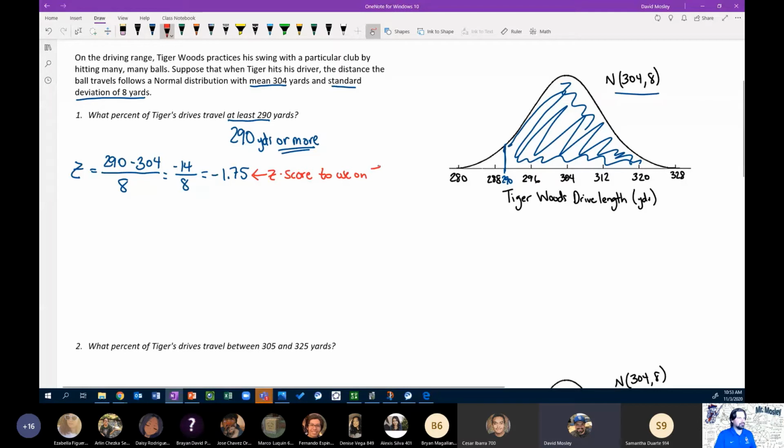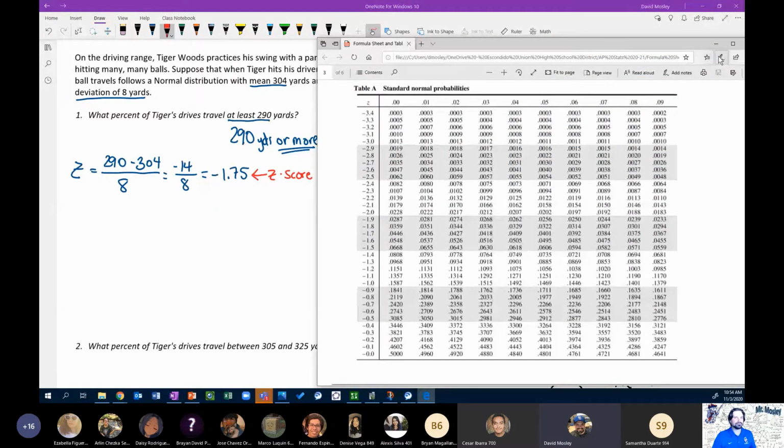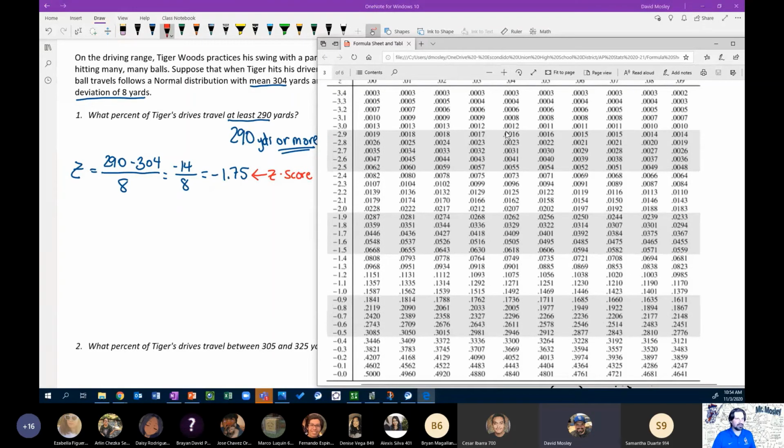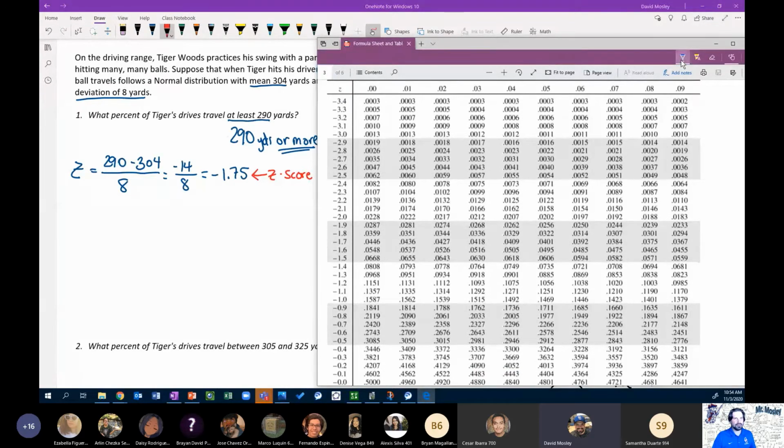So we need table A. Where did I put my table A? It is over here. There we go. All right. I'm looking for a negative z-score, so I'm in the right part of the table. I start by finding negative 1.7, the root, and then 5, the other part of the decimal, negative 1.75.